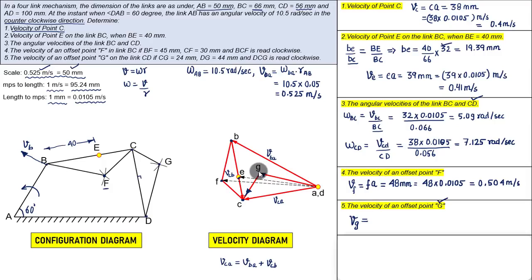Anyway, we want Vg, so from G to A, measure this length GA from the velocity diagram. This measurement will work out as 30 millimeters, and again the same drill, 30 multiplied by 0.0105, and this will give you the corresponding value in meters per second, and it works out as 0.315 meters per second. So guys, this is pretty much what needs to be done, and this is exactly how all the values at different points on the mechanisms can be worked out in terms of velocities.